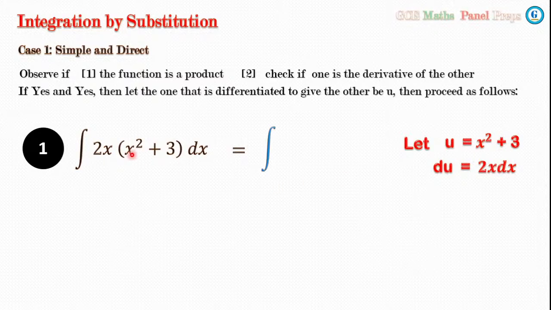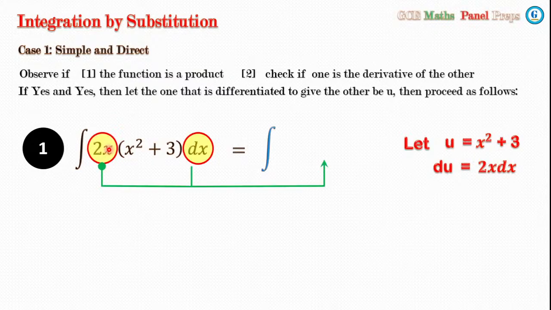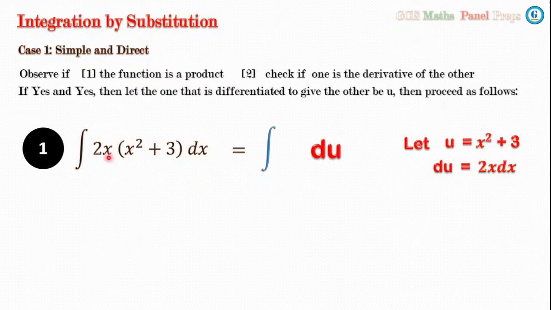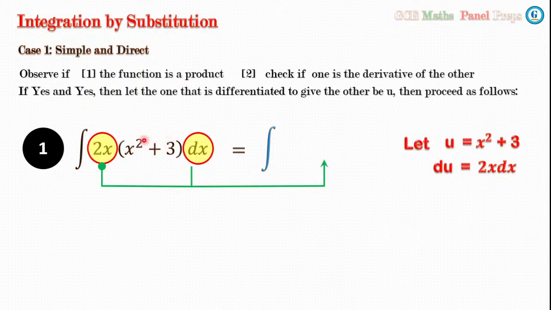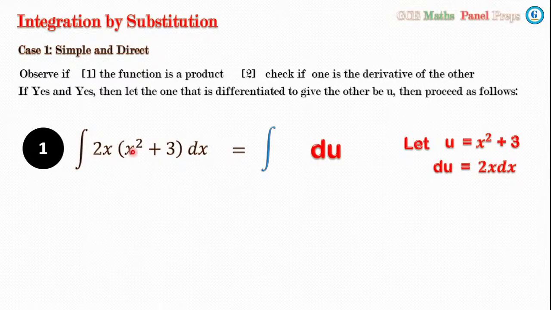Now I can evaluate this integral as follows. This integral now becomes the integral of, if you look here, we have 2x dx, and from the right hand side, this 2x dx I can replace with du. I equally said let x squared plus 3 be equal to u, so I also replace x squared plus 3 by u.